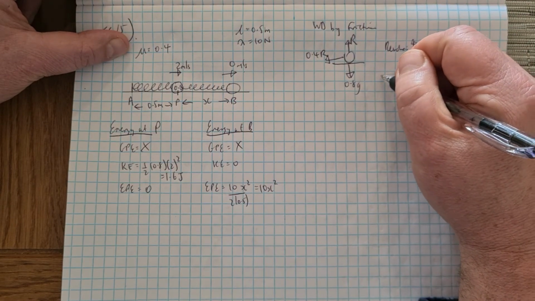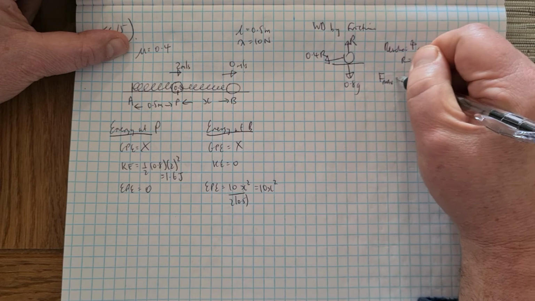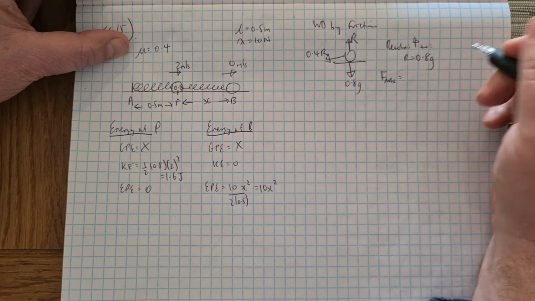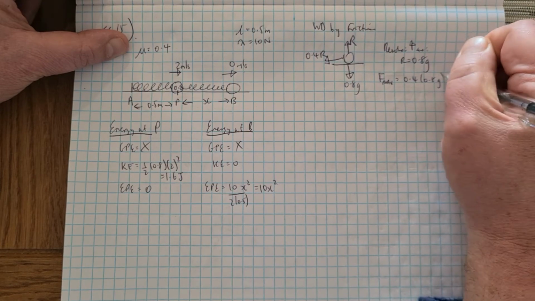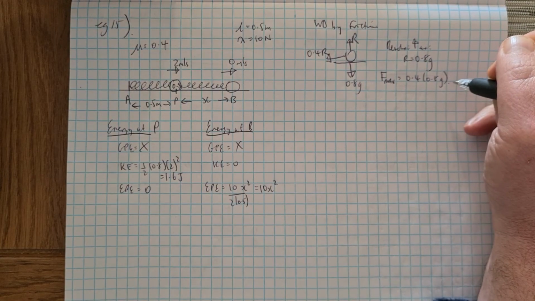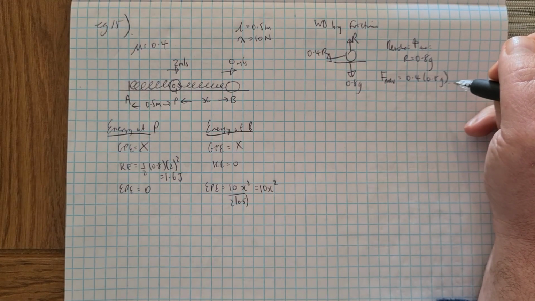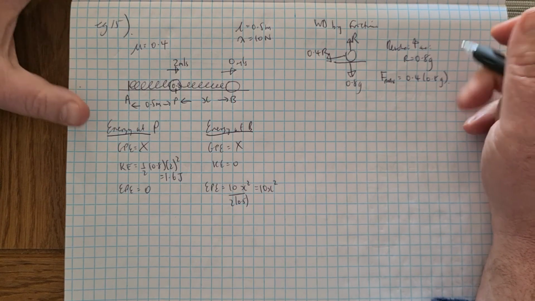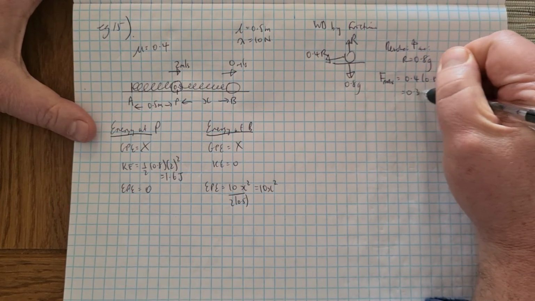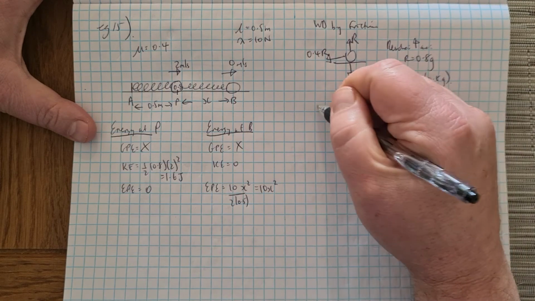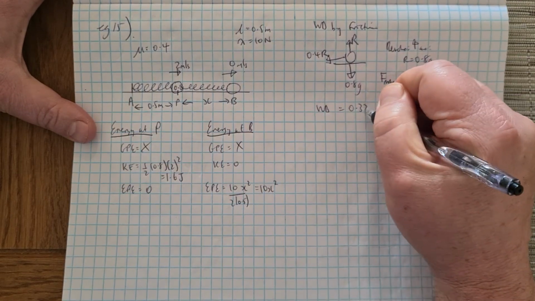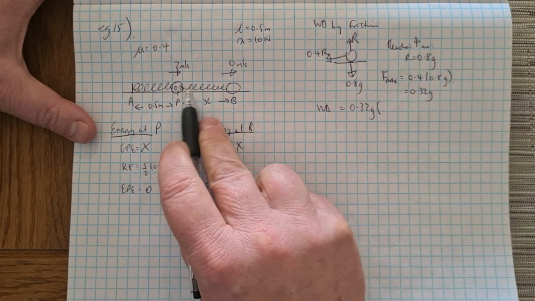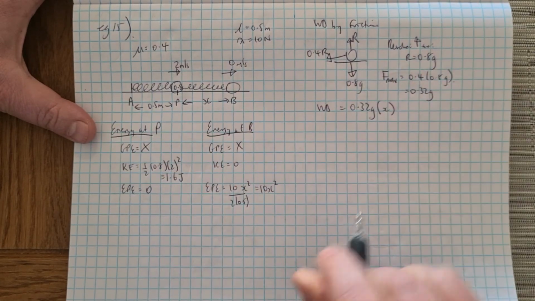Therefore our friction force is going to be at its maximum, which is why I wrote it as 0.4R straight away. It is going to be 0.4 multiplied by 0.8g. So the work done by that force, 0.32g, is going to be the force itself, 0.32g, multiplied by the distance travelled, which will be x.